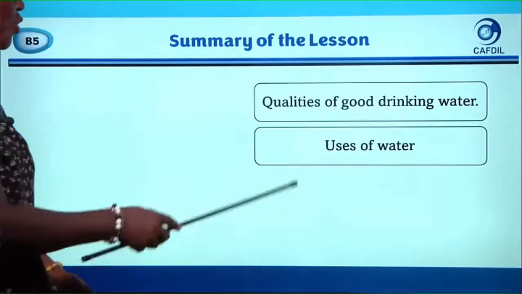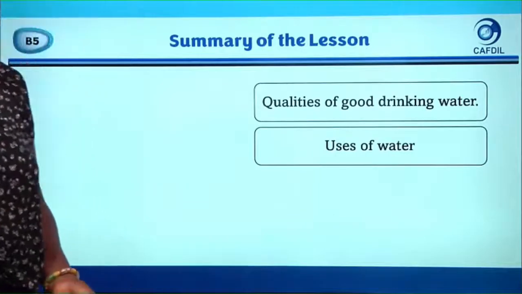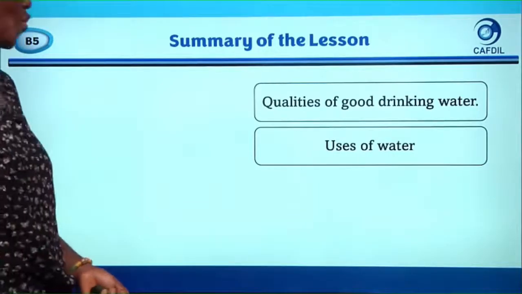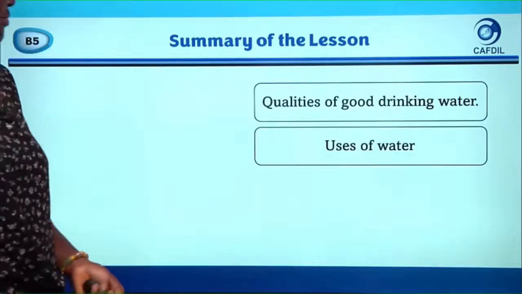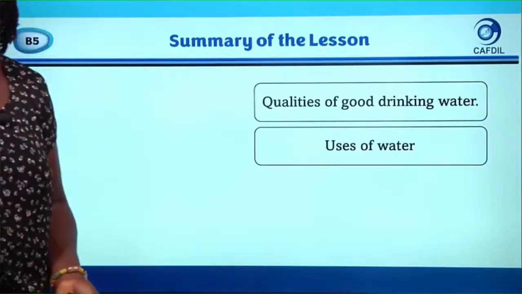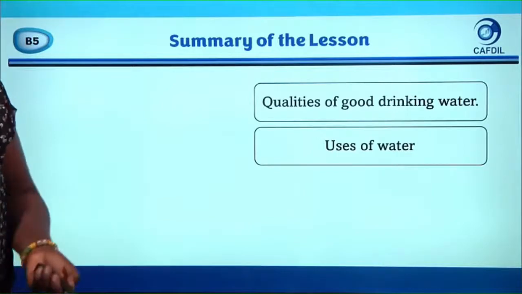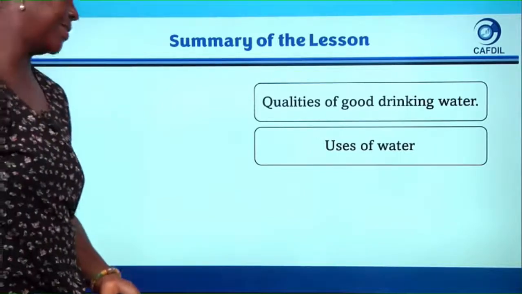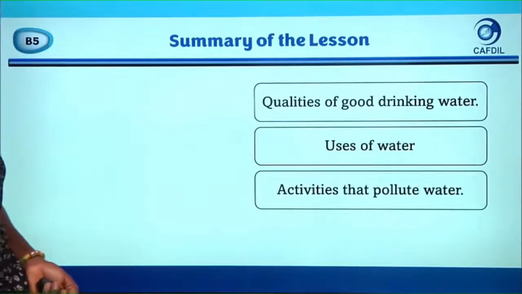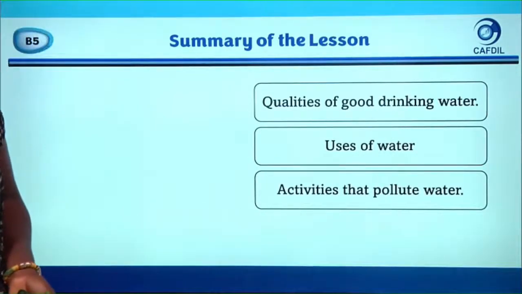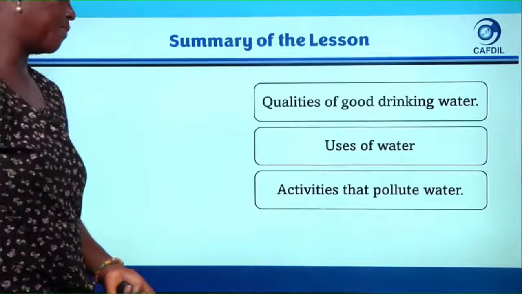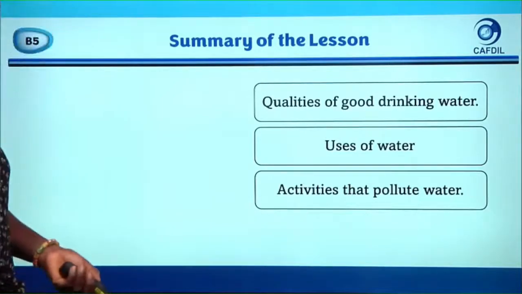The next one is uses of water. We saw the uses of water as washing our plates, drinking, bathing, cleaning. We use it for cleaning so many things. And the next one, we saw activities that pollute water, mining and others.